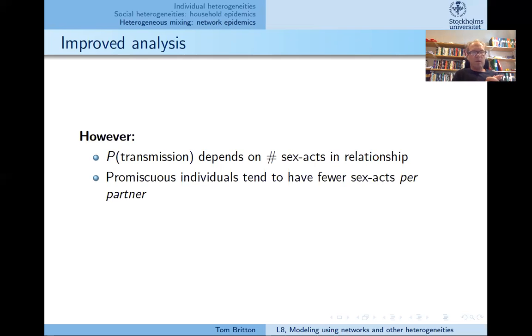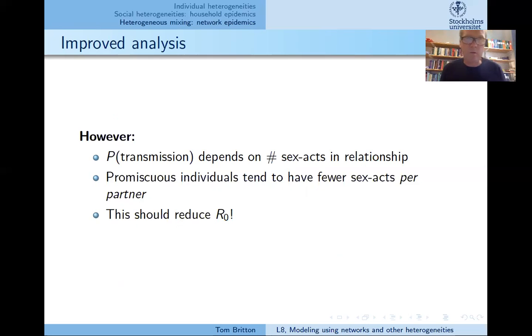If you just have one partnership for a year, maybe you have many sex acts, whereas if you change partner each week or each month, then the overall number of sex acts per partnership is typically smaller, and this should reduce R0 compared to the model that was shown on the previous slide.